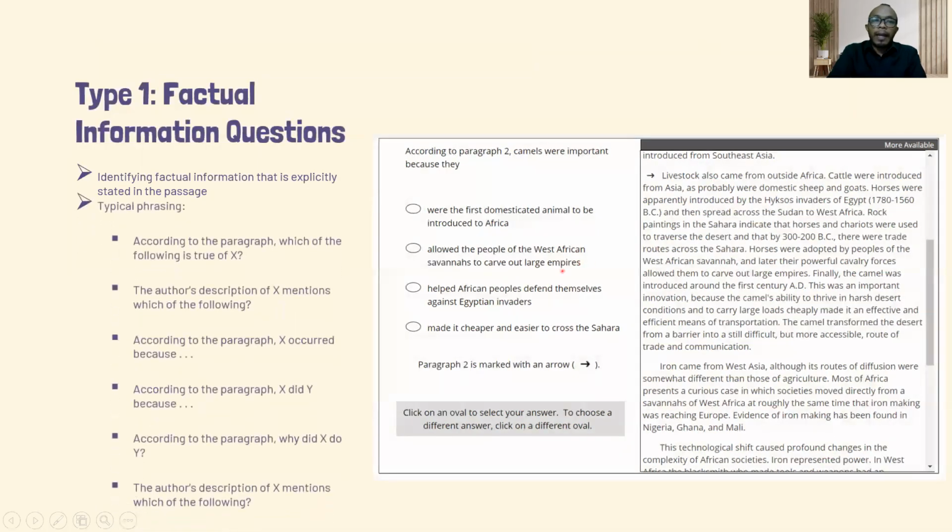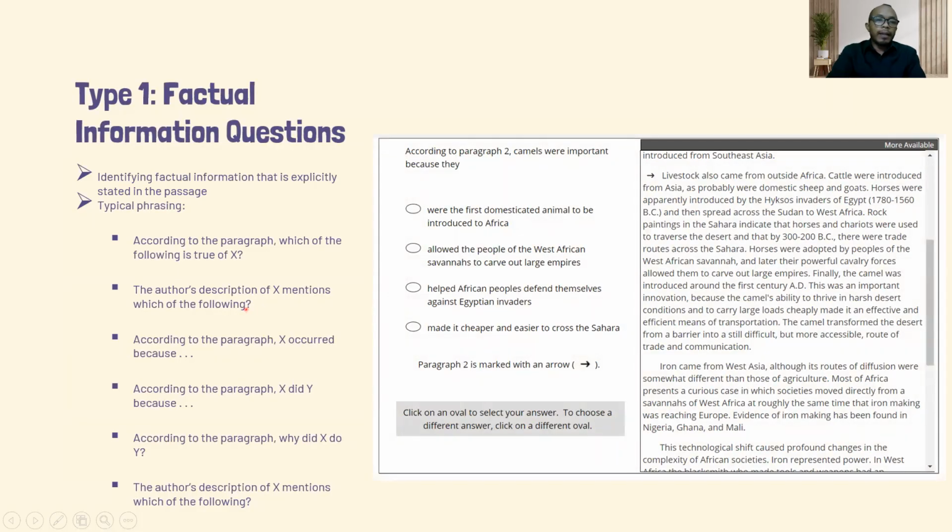Okay, and the way they word these questions is as shown here in the example. So it will look like this for the most part: according to paragraph 2, for example, camels were important because they so and so.